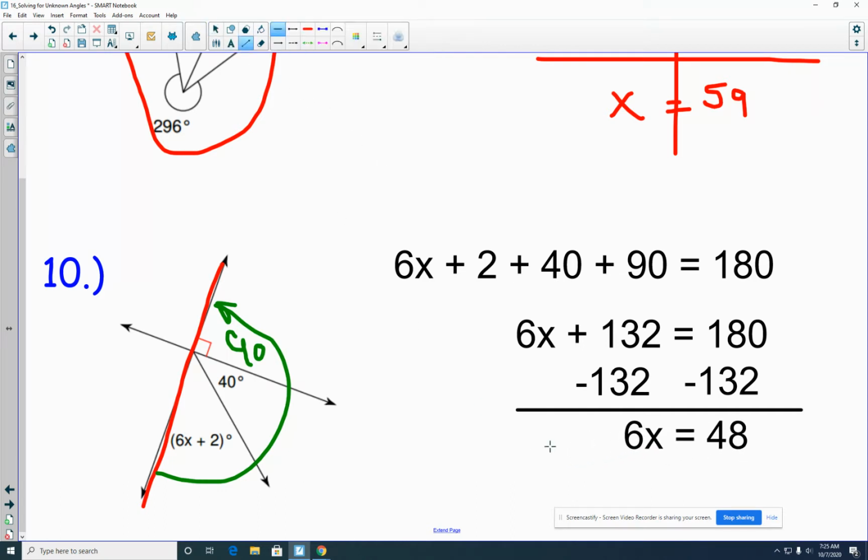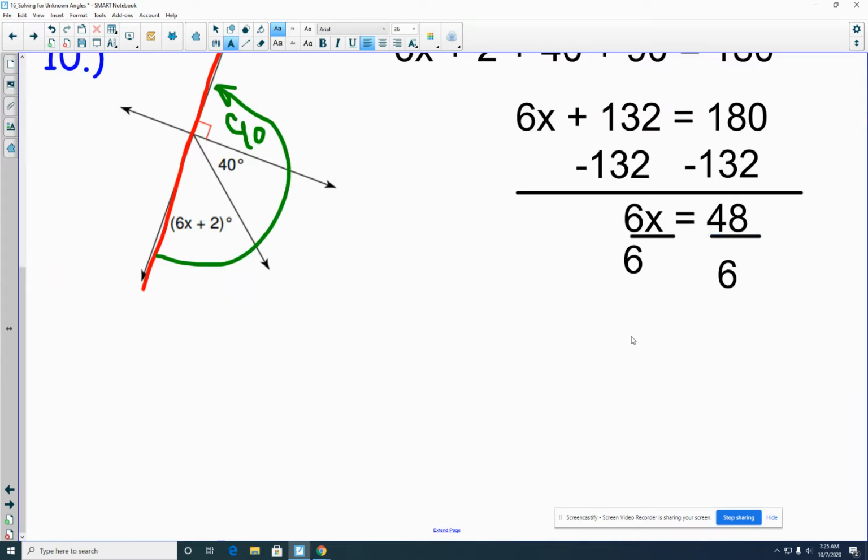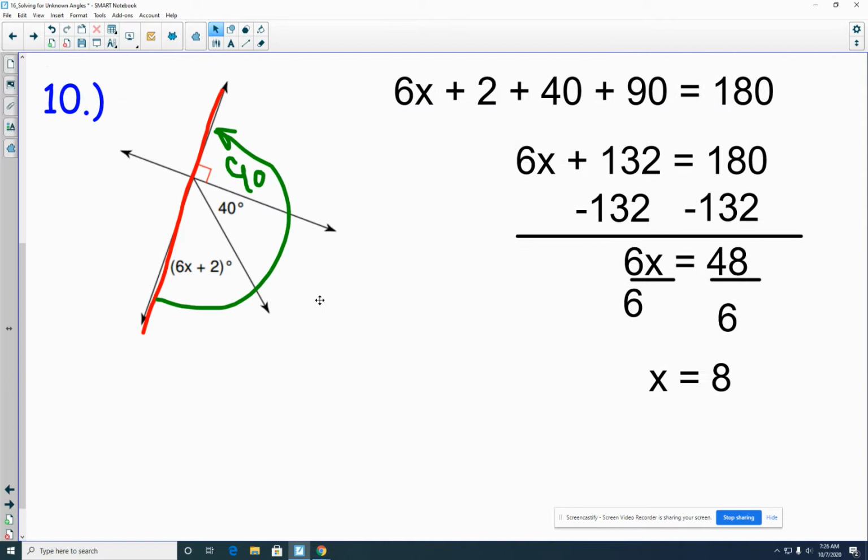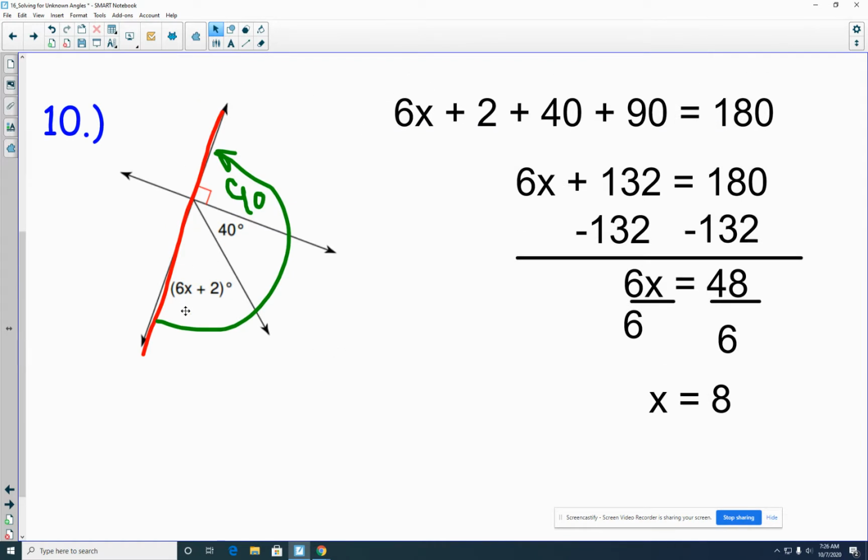We then divide by 6, and x is equal to 8 for number 10. So we really, again, are following just the same protocol, figuring out what our relationship is, how we can come up with an equation, and then go ahead and solve.